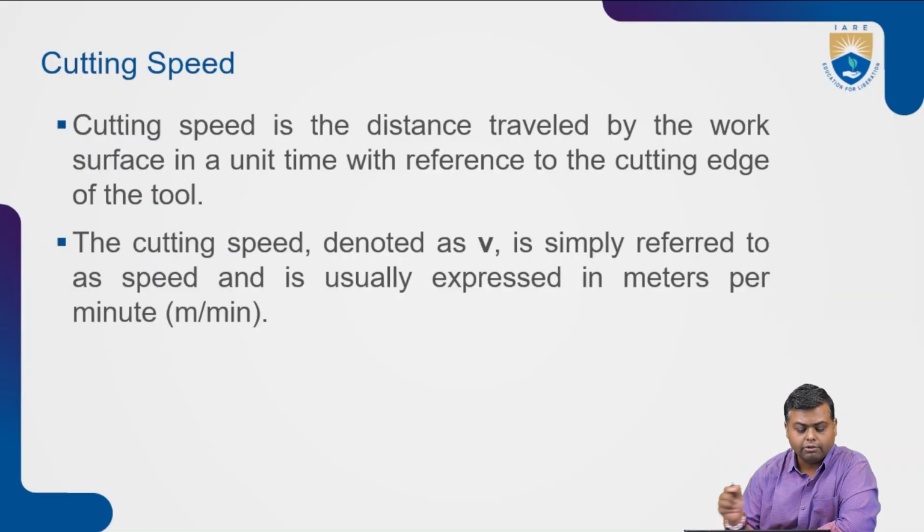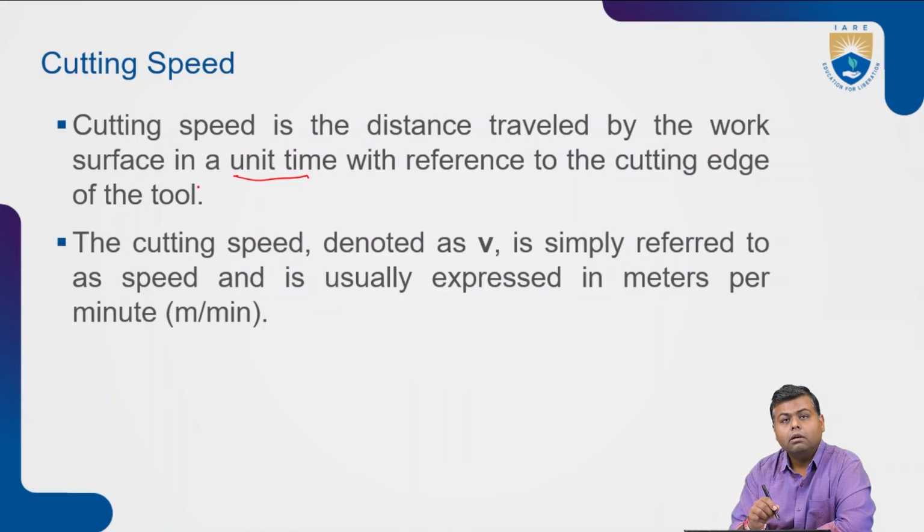First of all, we will see the definition related to cutting speed. It is the distance traveled by the work surface in unit time with reference to the cutting edge of the tool. Generally, it depends upon the different types of machines we are going to use for the machining process.